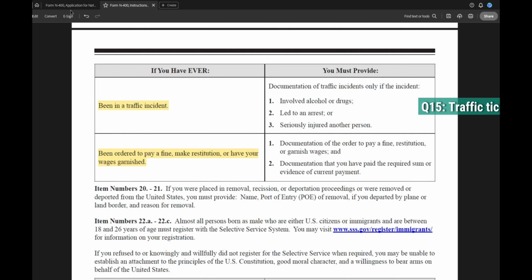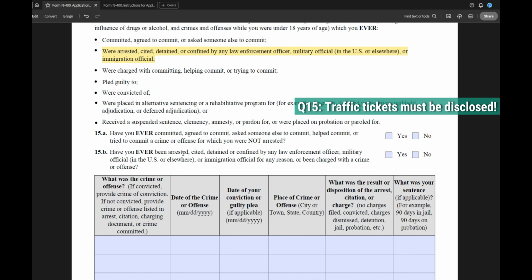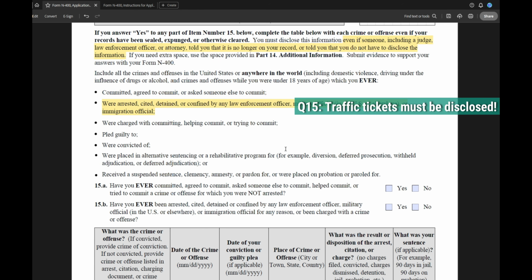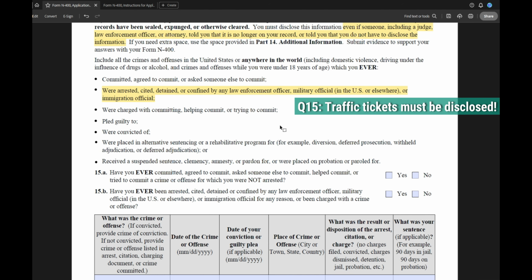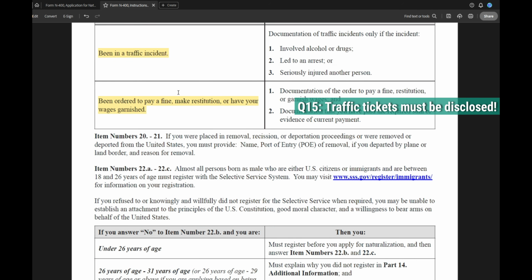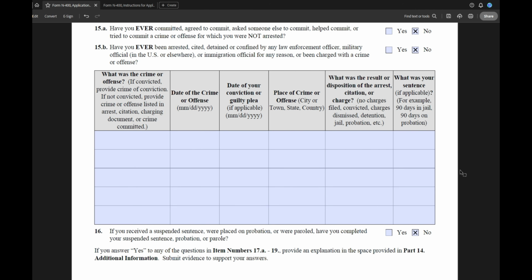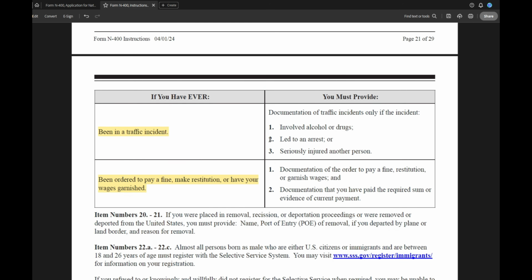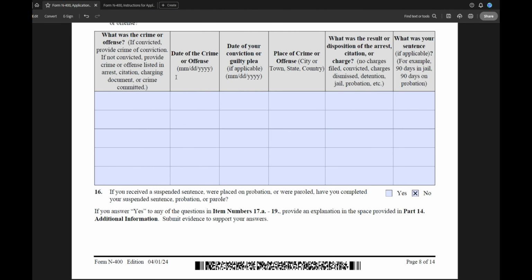A fine or a citation for a traffic violation is also included in this part, and it is better to disclose that information than to omit it, even if you feel like it was insignificant. This also includes political arrests for asylees, for example. It also includes any border patrol arrests by ICE or INS, so you would have to include that here. And again, if you have any additional questions, you should review the form instructions.